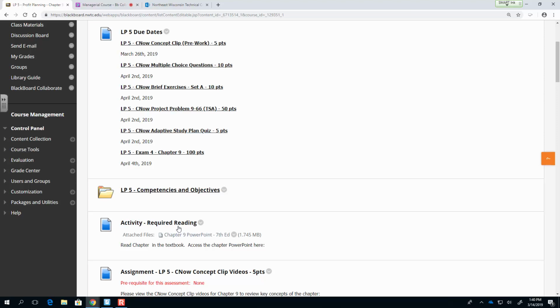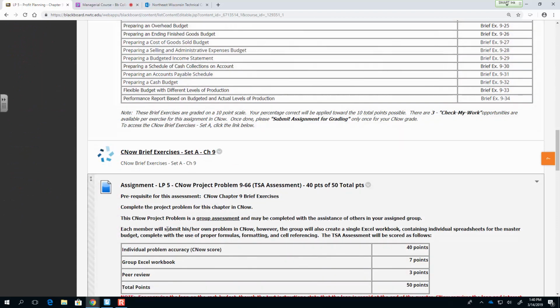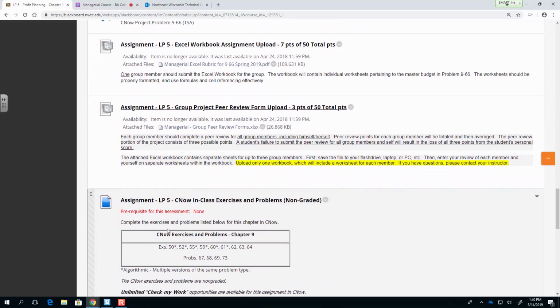So again, that's more than enough time to complete the project. But after you and your partner have it completed, there are 2 links in Blackboard to upload the assignment. There's one for the actual Excel workbook. That's what I'm looking for.